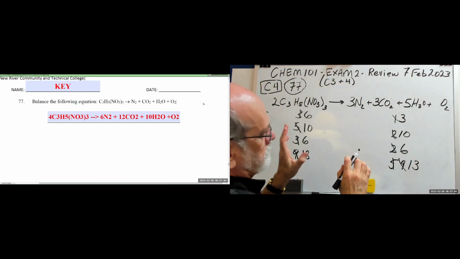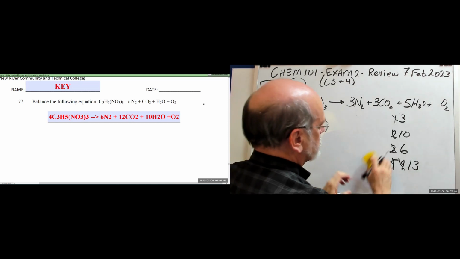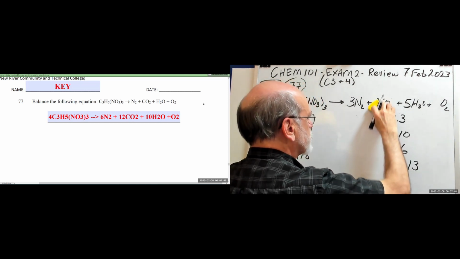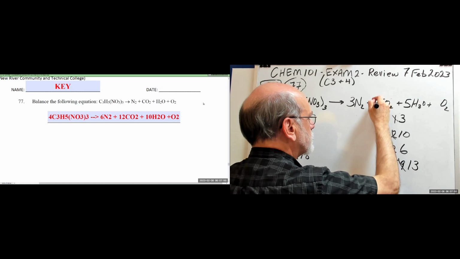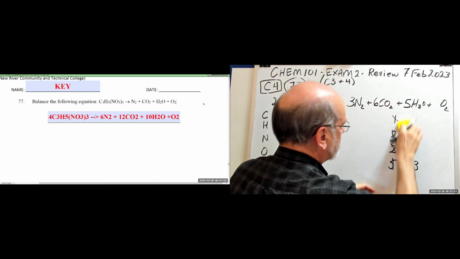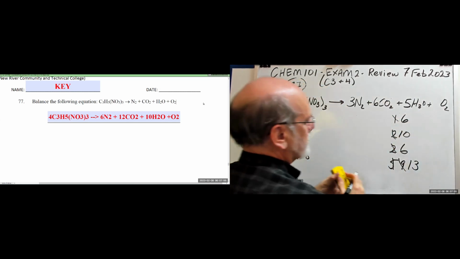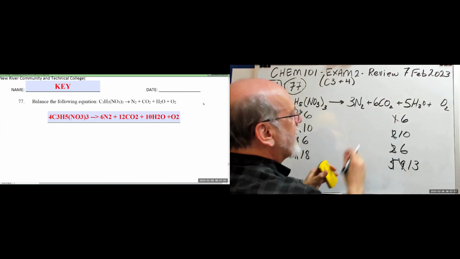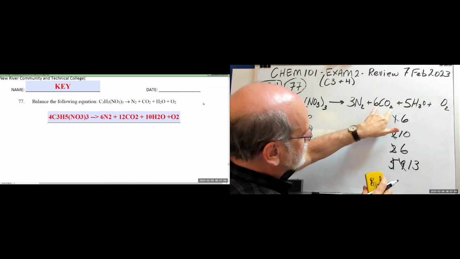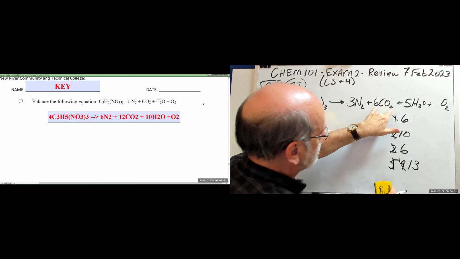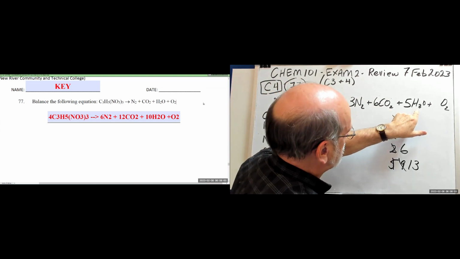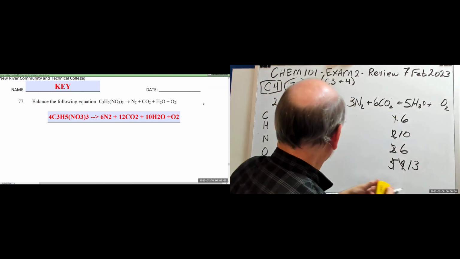Oh, okay. Now let's balance the carbons, right? So we need to make this one 6. Okay. Now what does that do to the oxygens? That's 12, 17, 18, 19.